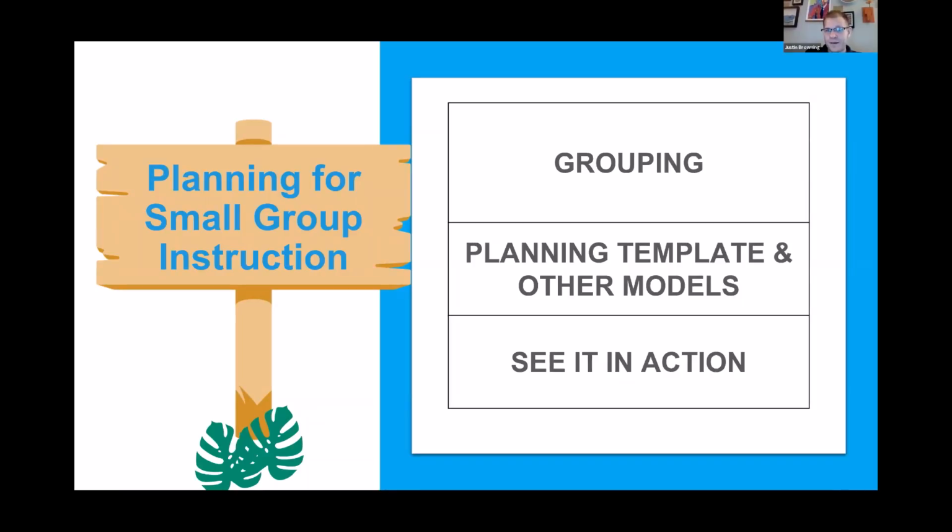It might be that they have a phonological awareness or a phonemic awareness skill that needs to be developed. And so you may only need to spend 10 minutes with that group. Well, then you may have a group learning vowel teams, and you may need to spend 20 minutes with that group. So I want us to think about how we can be flexible with timing and not get so stuck on we need 4 groups at 15 minutes.